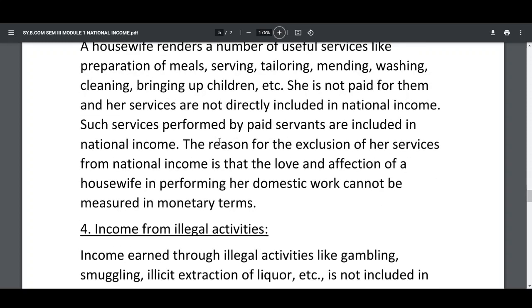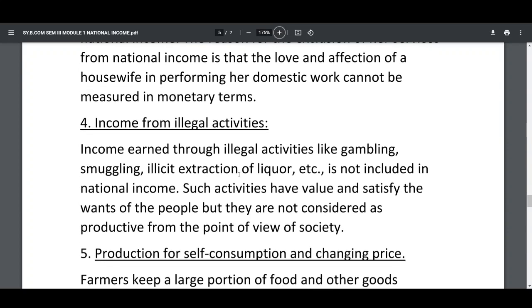Such services performed by paid servants are included in national income. The reason for the exclusion of her services from national income is that the love and affection of a housewife, for example our mother, in performing her domestic work cannot be measured in monetary terms.